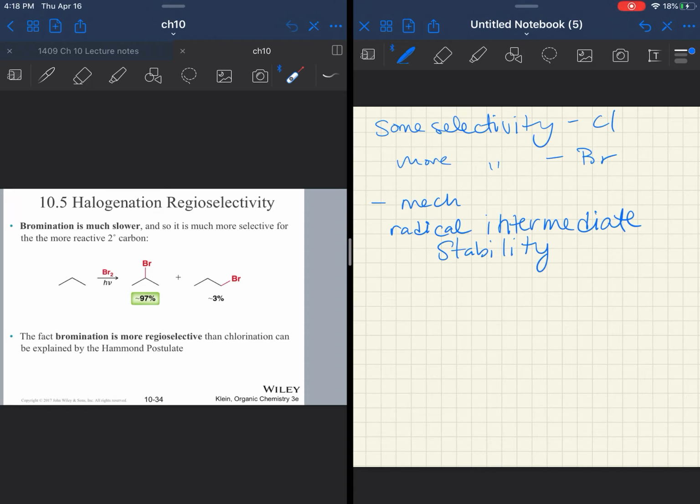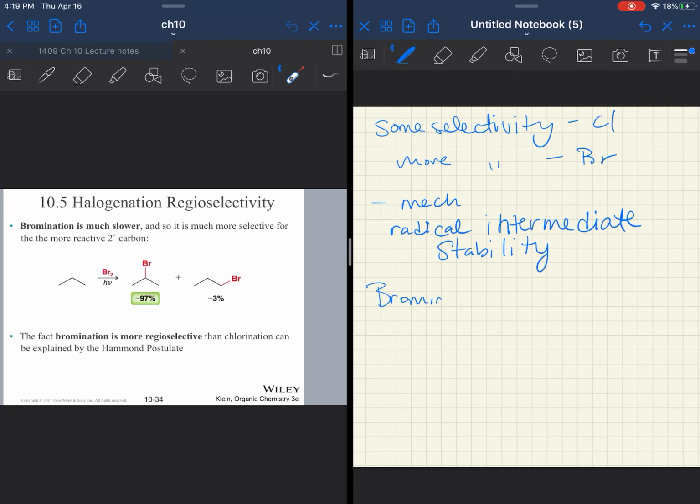However, when you switch this up to bromination, it is a slower reaction, so it's going to actually wind up giving you a much more selective reaction. That's why you're going to see brominations over chlorinations moving forward, because it's more predictable. You're not going to get as big a mixture, right?